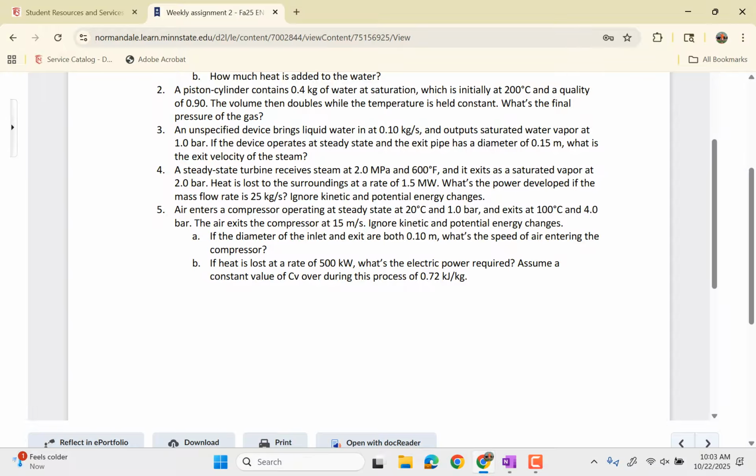For part A, if you set up the first law for control volumes, you can figure out what the H's are at the inlet and exit because you have all the other information. And you're ignoring kinetic and potential energy, so you're getting rid of all the V's and all the Z's in the first law.